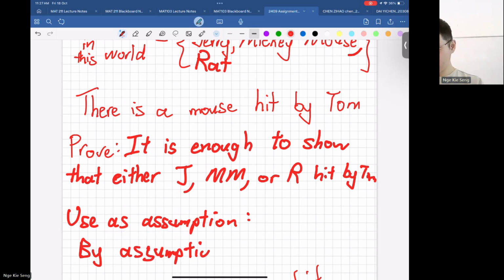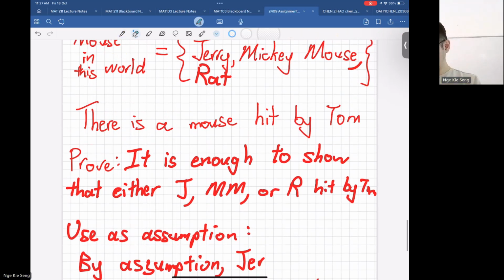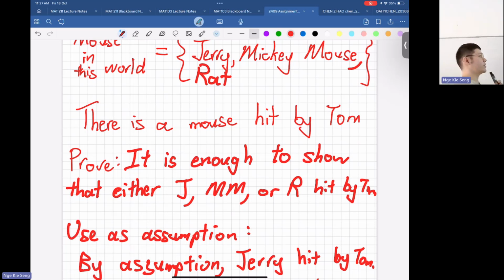If I know that there's a mouse hit by Tom, can I straight away deduce Jerry is hit by Tom? Not sure. Maybe it's Mickey Mouse hit by Tom. Maybe it's the rat hit by Tom. So I'm not sure.